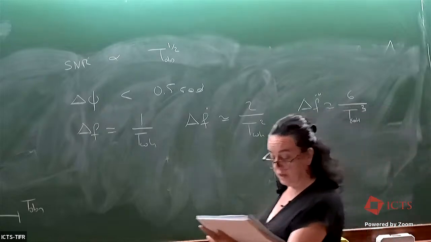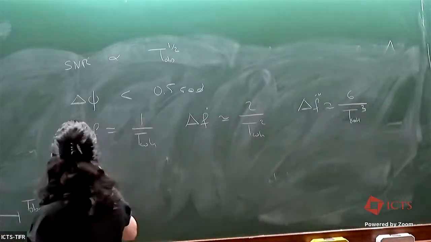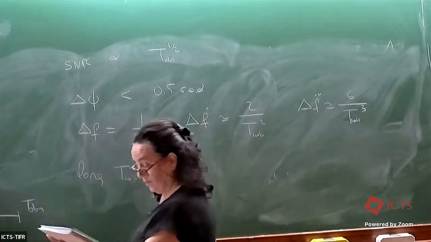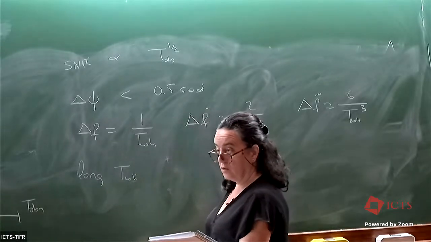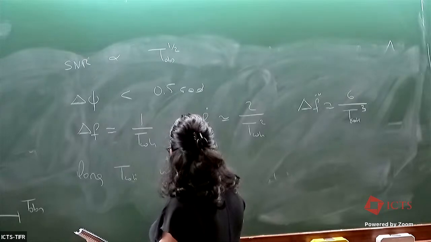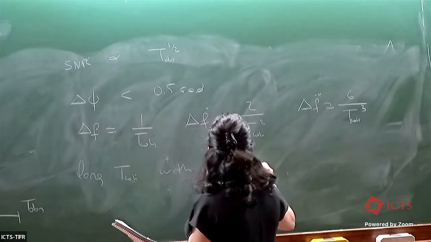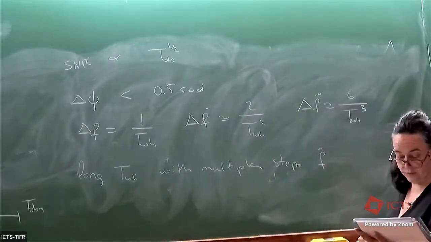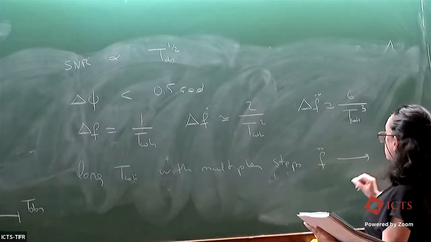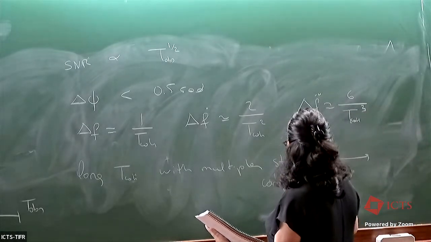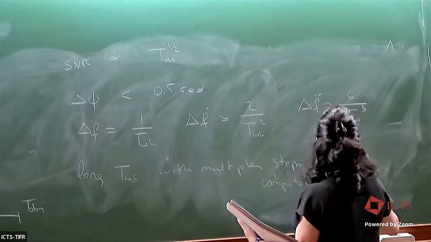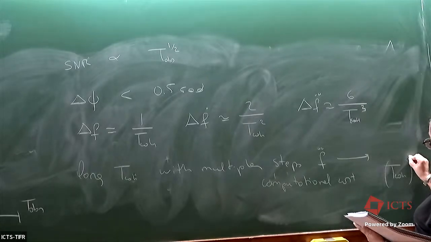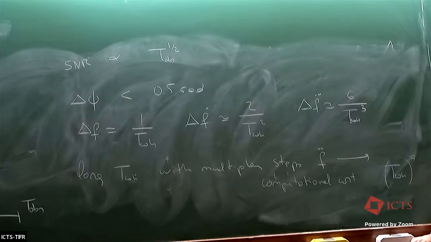Basically, if we do a search using a long T coherent that requires including multiple steps in the second derivative, then the computational cost is going to scale like the T coherent to the 7th power.